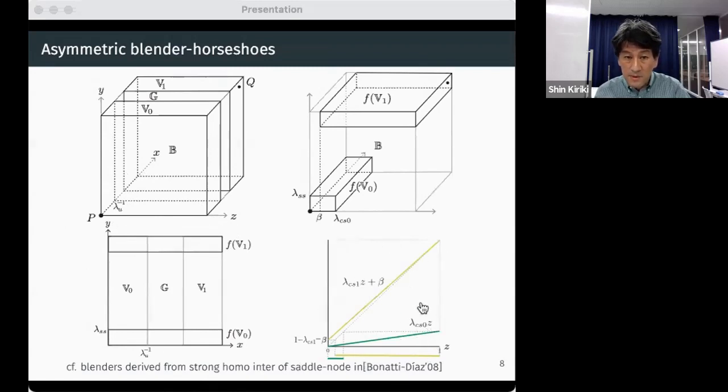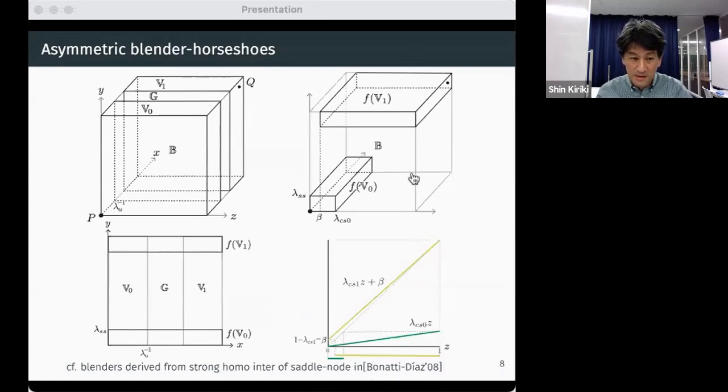One map is strongly contracted by lambda CS0, while the other is weakly contracted by lambda CS1, from the contraction associated with the center eigenvalues. It assures that the images of these functions overlap. That is, it gives a superposition region, the distinguished property of the blender. We now have obtained an example of a CS blender horseshoe, but one which is asymmetric and satisfies the partially dissipative condition.